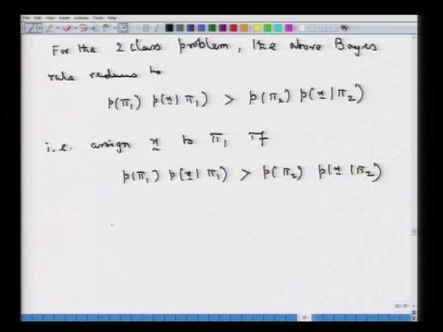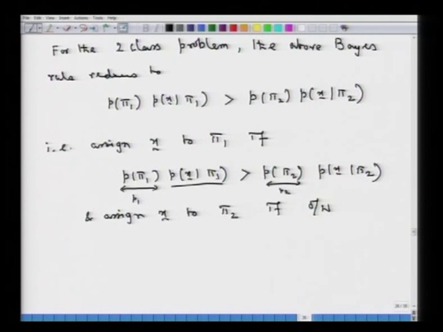And assign x to π_2 if it is otherwise. Now, in the previous notation, we had denoted the prior probabilities by p_1 and p_2, and the density under π_1 by f_1(x) and under π_2 by f_2(x), when we were deriving the TPM minimizing rule.